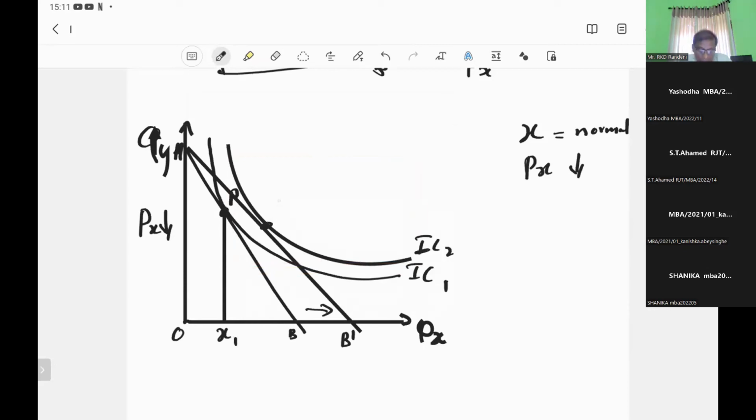We will put that R. X2. You put that X3.